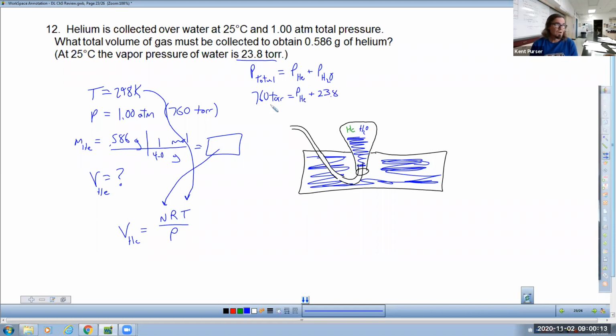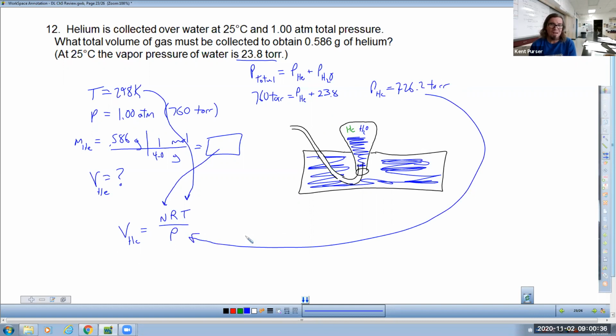Subtract. 726.2, something like that. I'm trying to hurry now because at this point we're starting to run out of time. Now that I know that pressure, let's plug that in here. Bang, we got it. There's your volume.